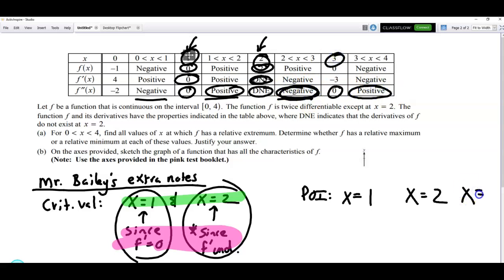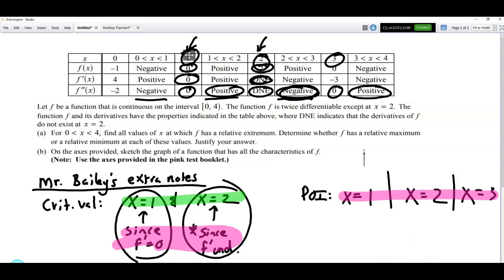So there are 3 points of inflection, and right there, that would be worth 1 point, identifying all of the points of inflection. It's anytime you find a place where the concavity changes from negative to positive or positive to negative.